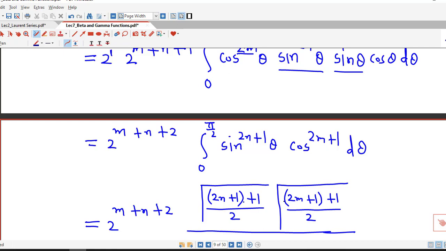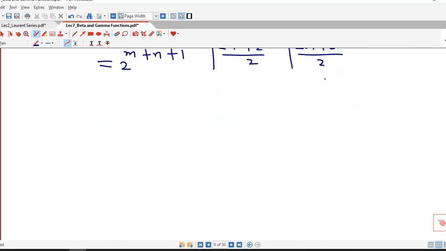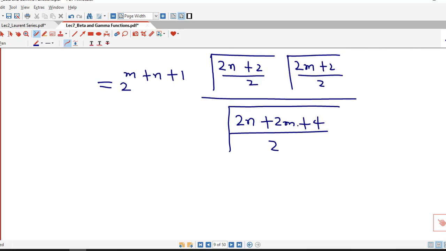Here 2n plus 2 divided by 2, and in the denominator we have 2n plus 2m plus 1 plus 1 plus 2, that is 4. So it is gamma of (2n plus 2m plus 4) divided by 2.